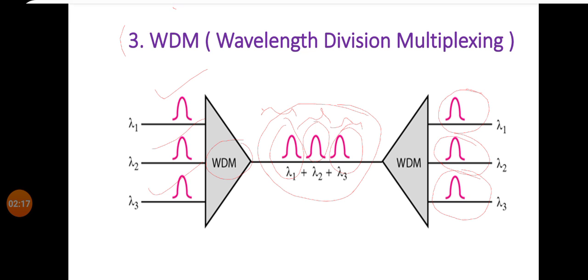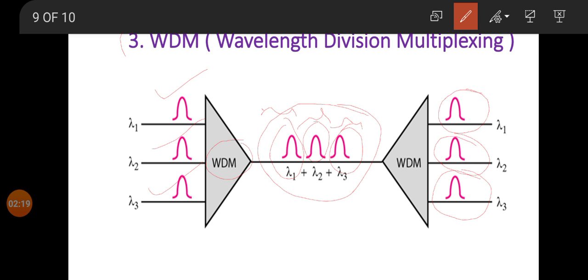You might have seen the prism. A prism is triangle shaped. So when a single white light beam is passed through that prism, the prism will separate that single white light into different light signals.